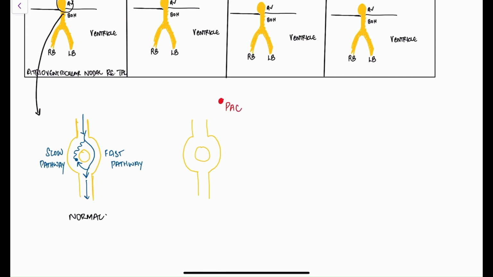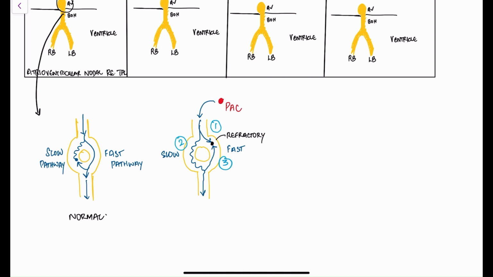Because a PAC is generated during the time in which the fast pathway is in refractory period, it is not able to propagate the current down towards the ventricles. At the same time, that PAC is conducted down via the slow pathway and goes towards the ventricles. And then this beat is conducted upwards via the fast pathway.